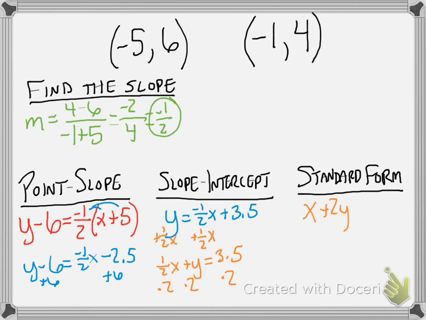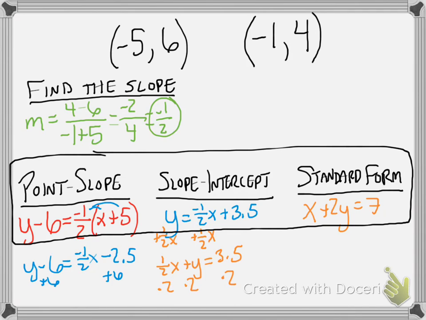I want to kill the fraction, so I'm multiplying every term by 2, and so we get x plus 2y equals 7. And in orange, that is now our standard form of this equation. So we have found the 3 forms of our equation: point-slope, slope-intercept, and standard form.